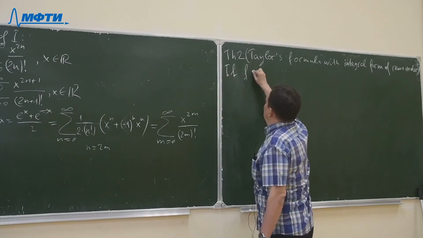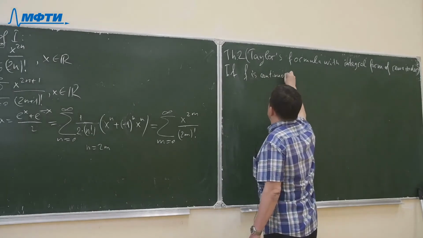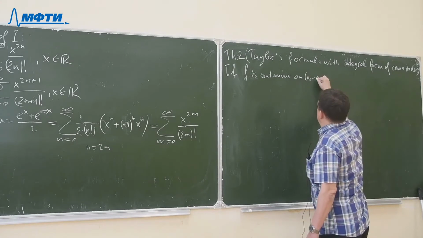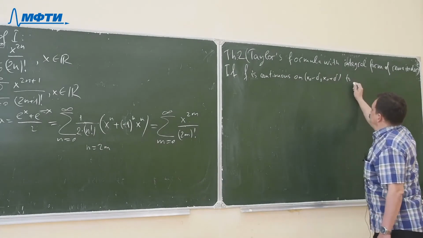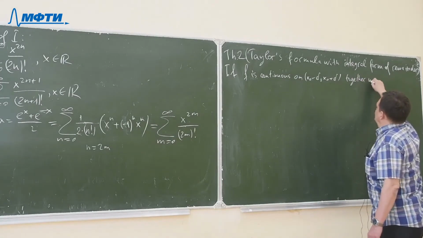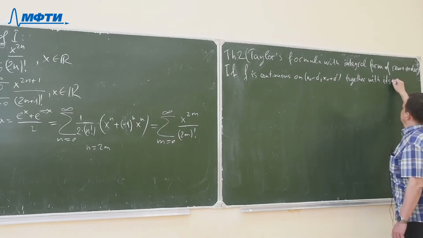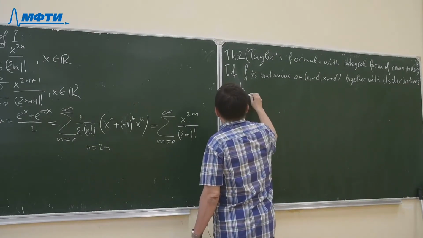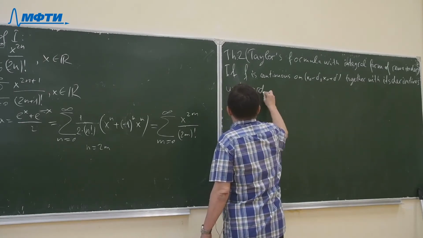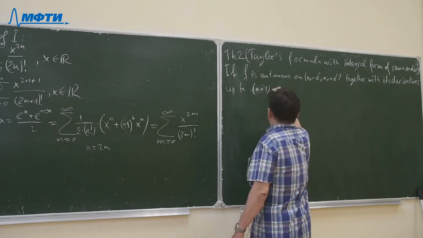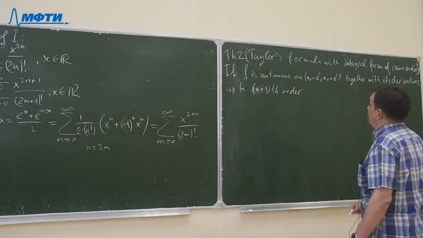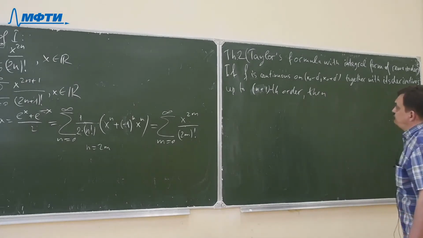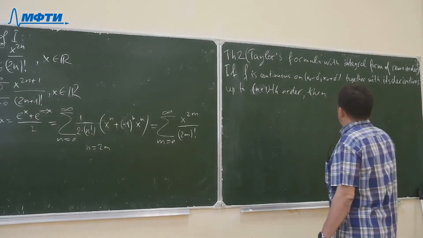So if f is continuous on, let's say, x naught minus delta, x naught plus delta together with its derivatives up to n plus 1th order, then we can write the following estimate.